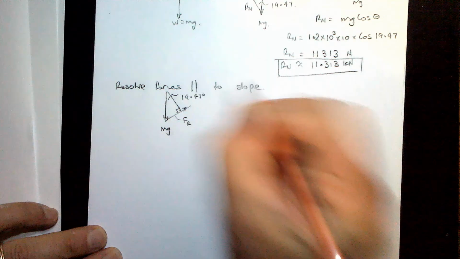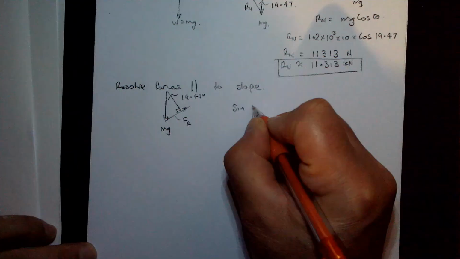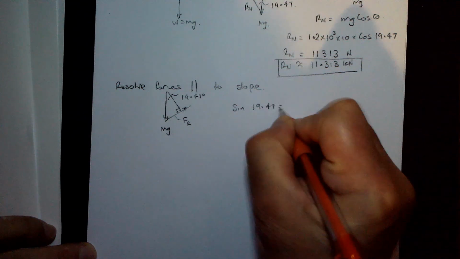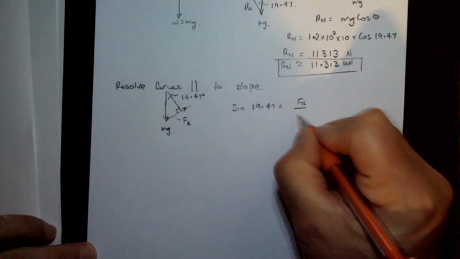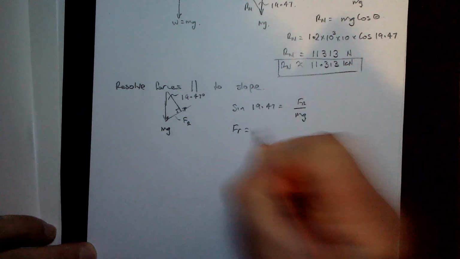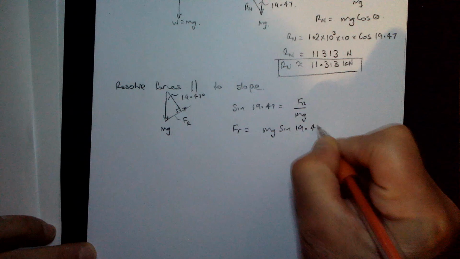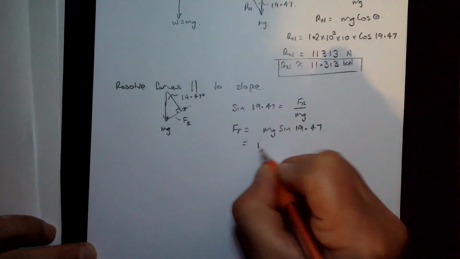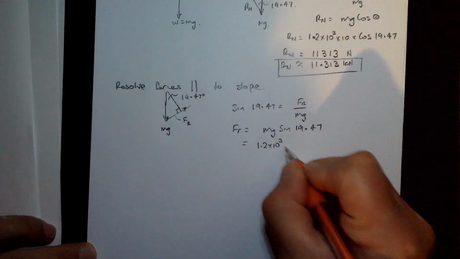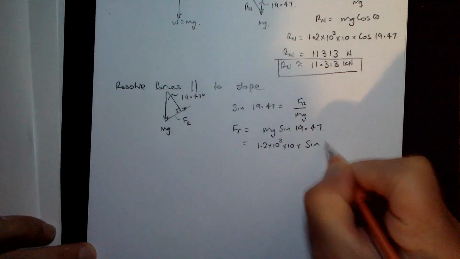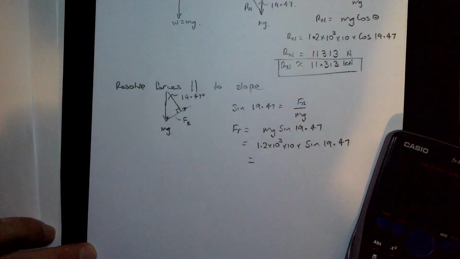So the sine of 19.47 degrees equals opposite, which is FR, divided by hypotenuse, which is mg. So FR equals mg sine 19.47. Calculating that out, m is 1.2 tonnes, changed to kilograms by 10 to the 3, times gravity 10, times sine 19.47.